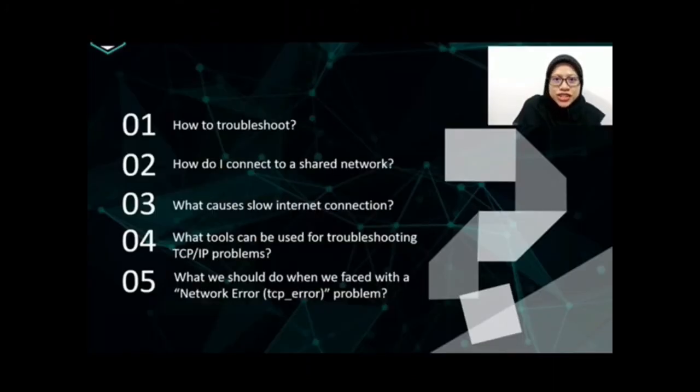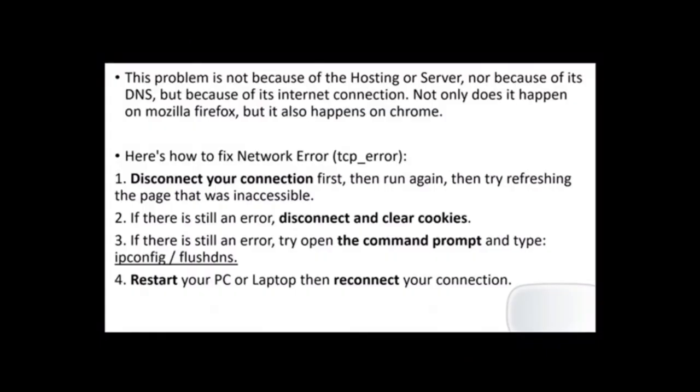For the last question, what should we do when we face a network error, TCP error problem? The answer is, this problem is not because of the hosting or server, nor because of its DNS, but because of its internet connection. Not only does it happen on Mozilla Firefox, but it also happens on Chrome.